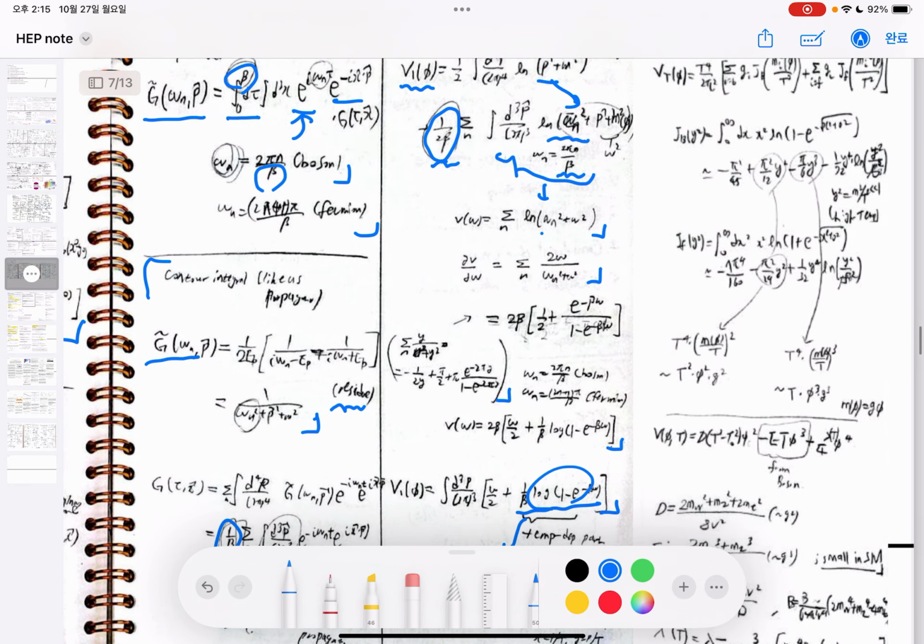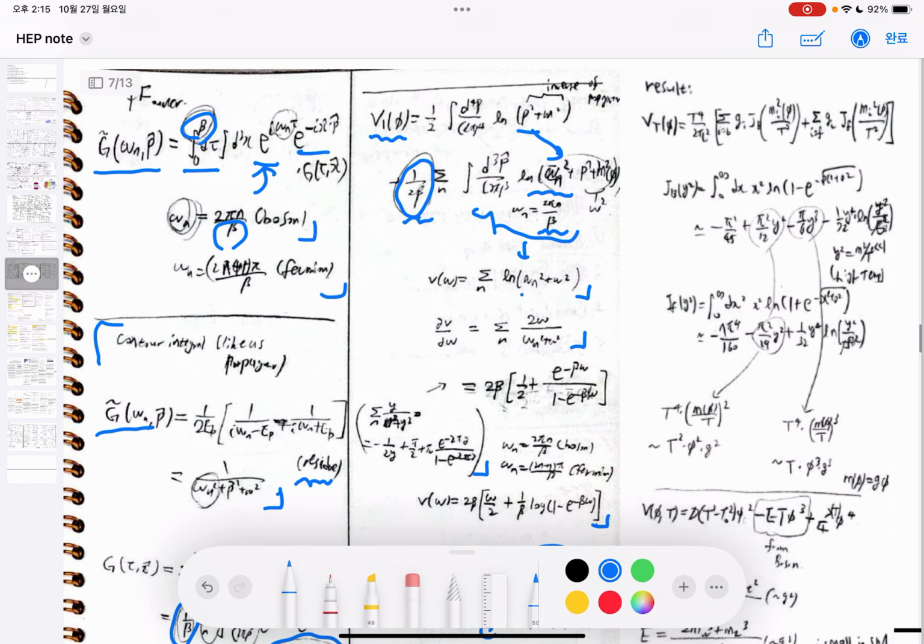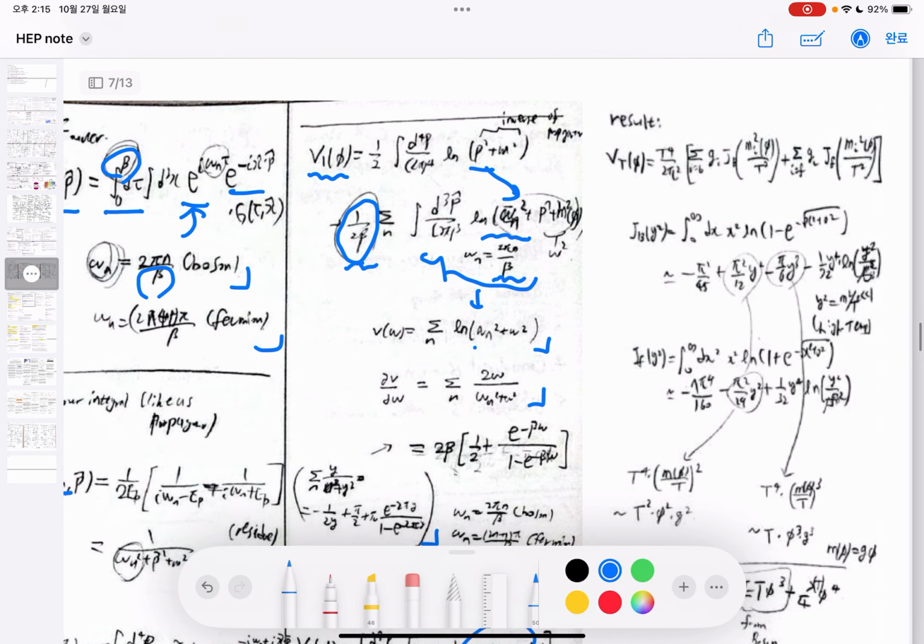Also similarly, we can do that with the fermion. So the result of the one loop thermal potential is given by such a form. This is a boson contribution, this is a fermion contribution with the degrees of freedom.